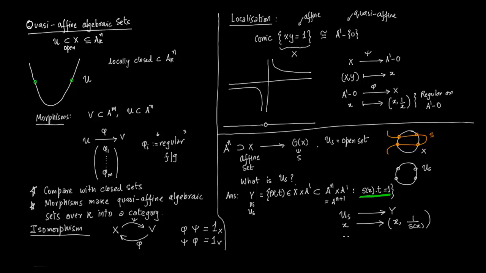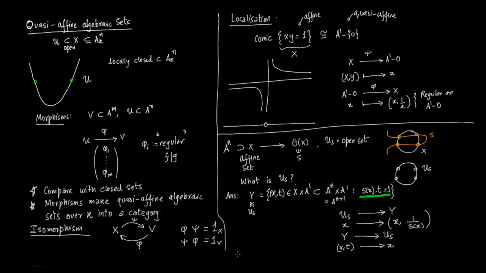Obviously you take t as 1 over S, so this is (x, t), where t is 1/S(x), so it just satisfies the equation. Now you go in the opposite direction. (x, t) just projects to x. Now again Y here I am taking as X in the above example, and U_S is A^1 minus 0. You should think of 1/S(x) as t. So 1/S(x) is nothing but t.